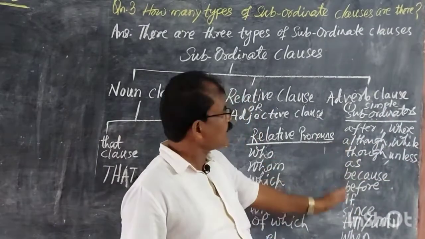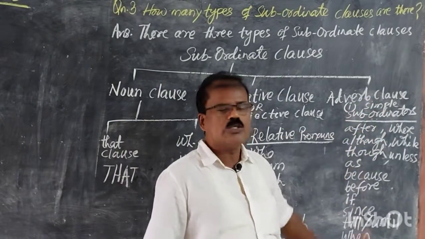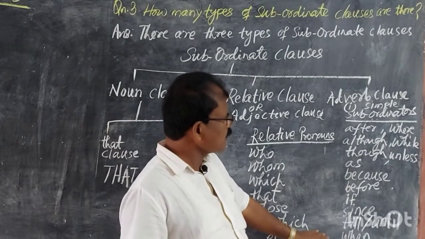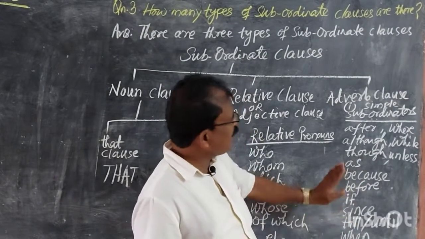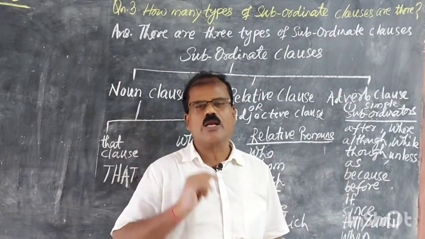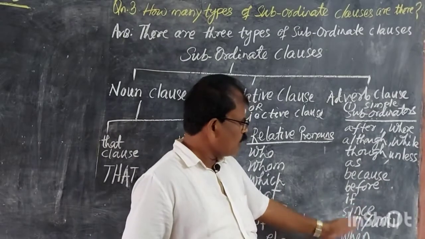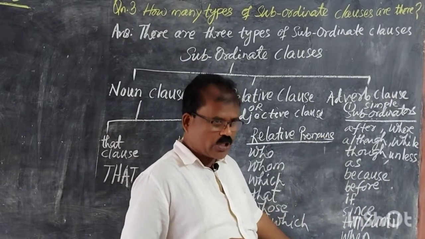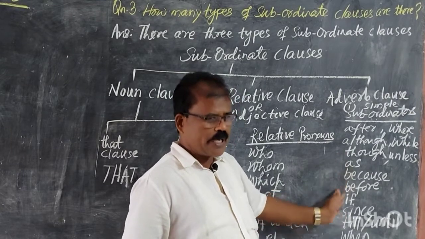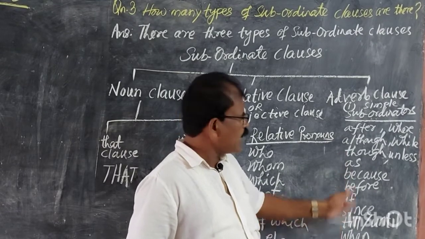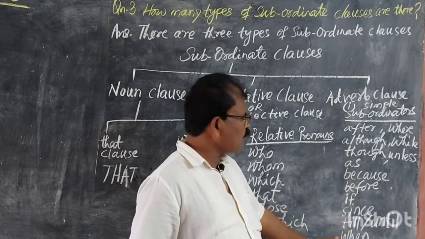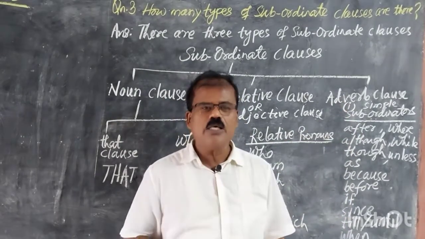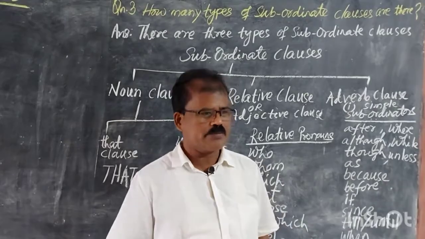These are single word or simple subordinators. These simple subordinators help begin the subordinate clauses. From the beginning of these words in a clause, we can identify that these are subordinate clauses and they do the activity of some adverbs, so they are called adverb clauses.